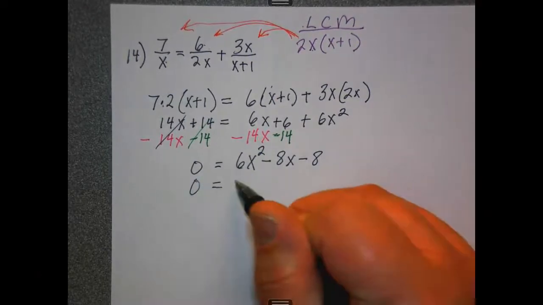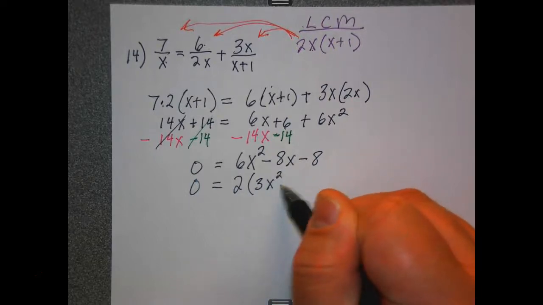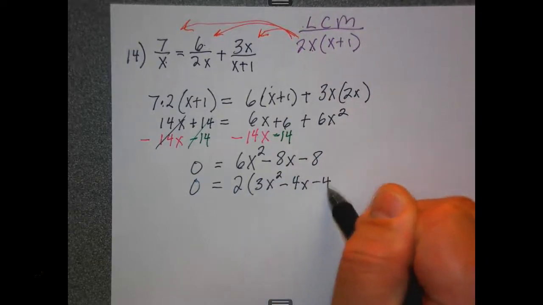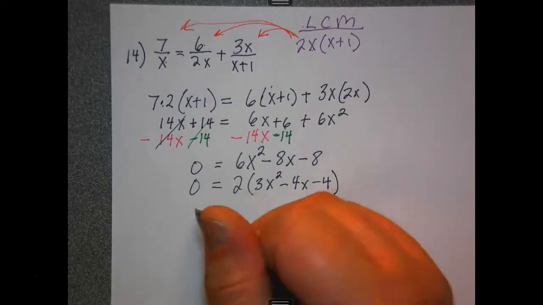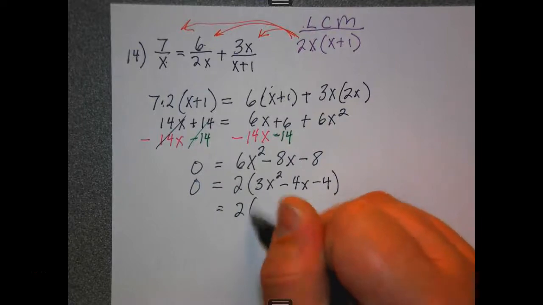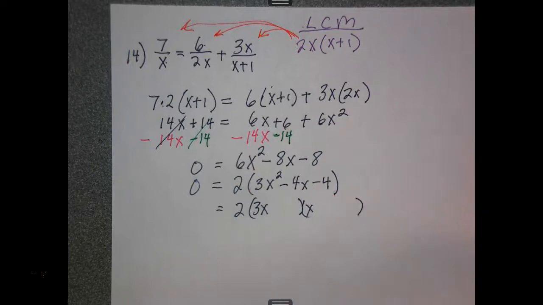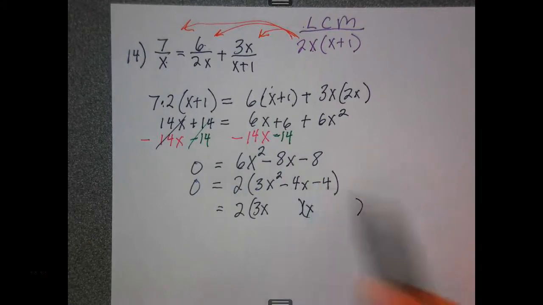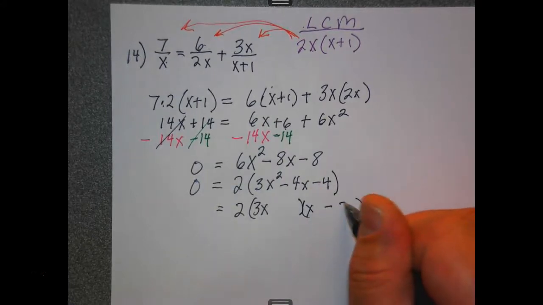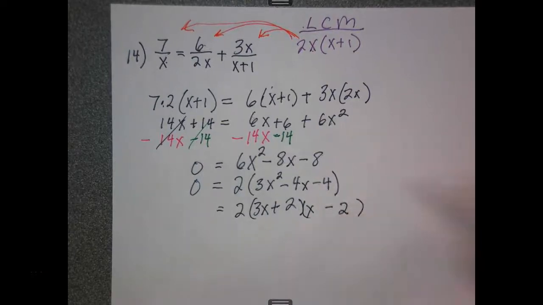What can I take out? Take out a 2. Now factor it. See, 3x times x gives me 3x squared. Let's see, 2 and 2, this gives me 6x minus 6x, and plus 2x gives me minus 4x.